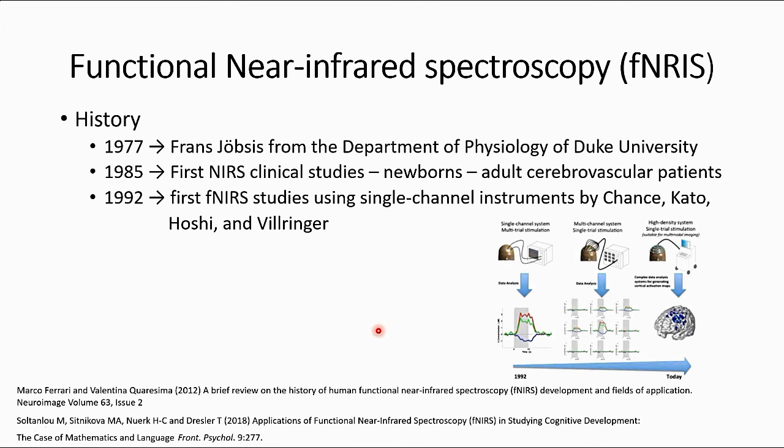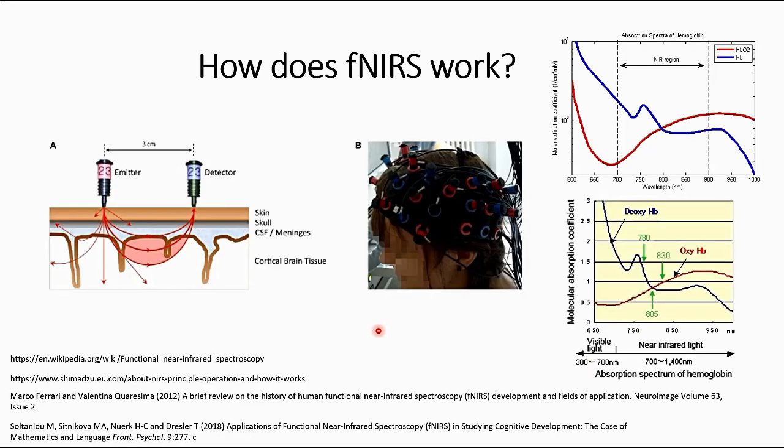Functional NIRS is the use of near-infrared spectroscopy for the purpose of functional neuroimaging. fNIRS technology is still young, and more study is needed to improve this technique. How does functional near-infrared spectroscopy work?